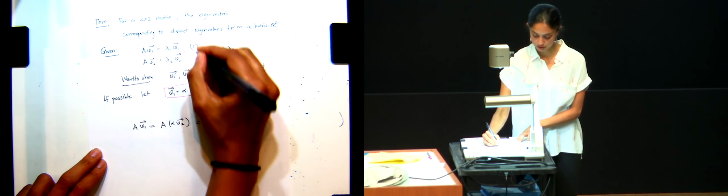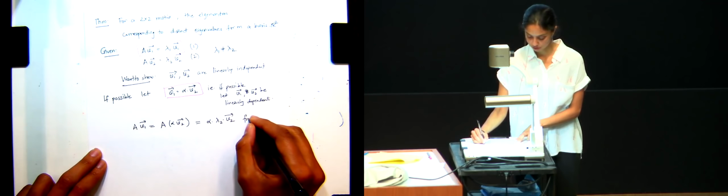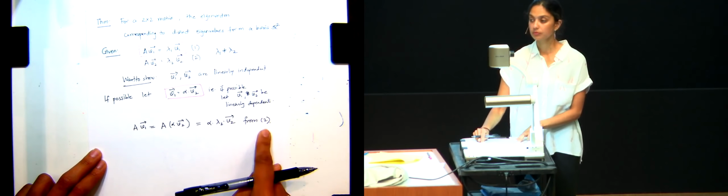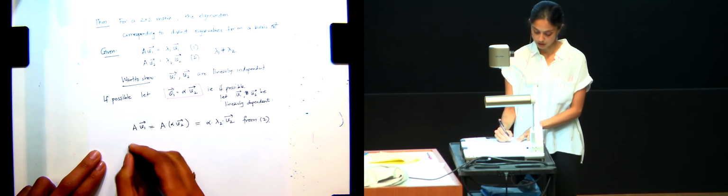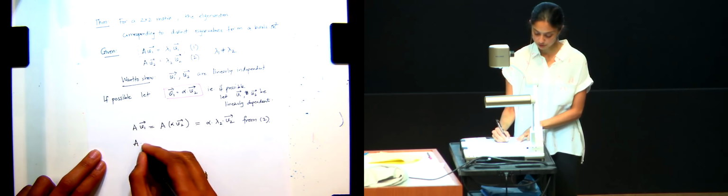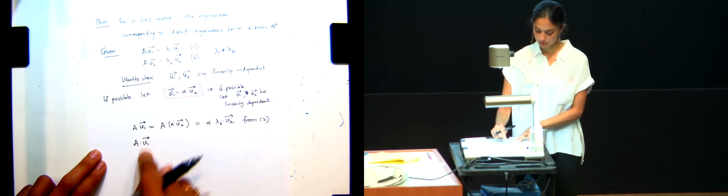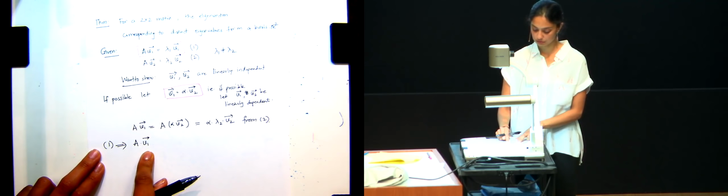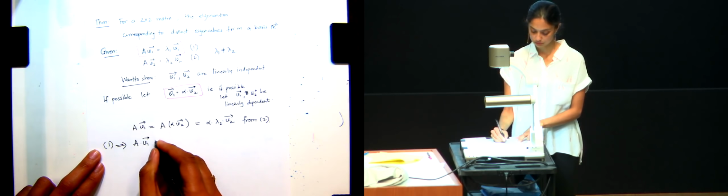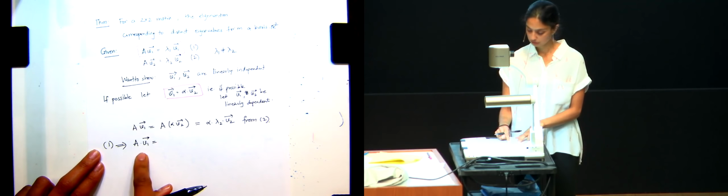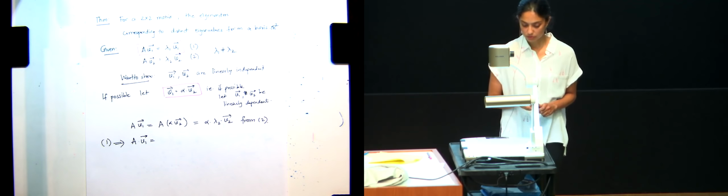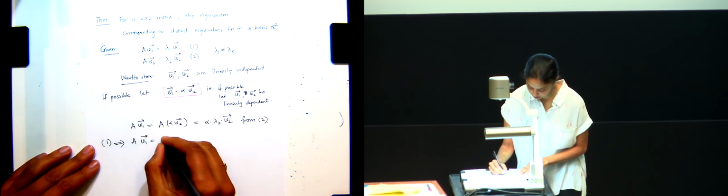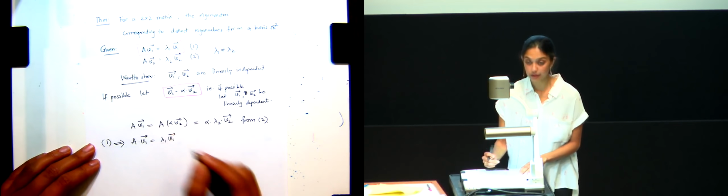Let's call this 2. And what about A times V1 if we were to use 1? What does 1 imply about A times V1? This is equal to lambda 1 V1, right?